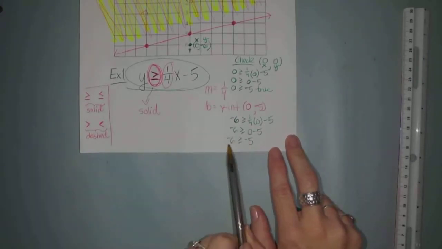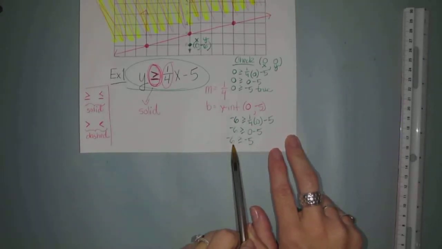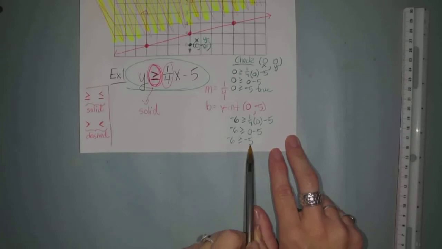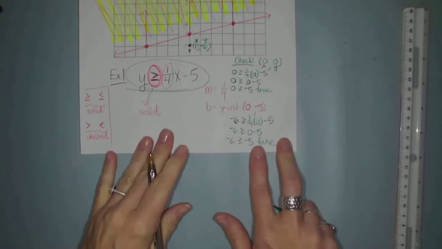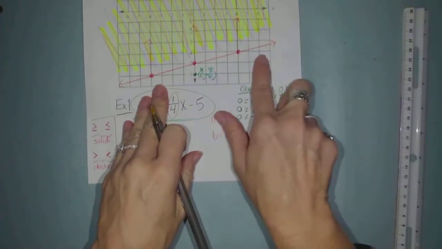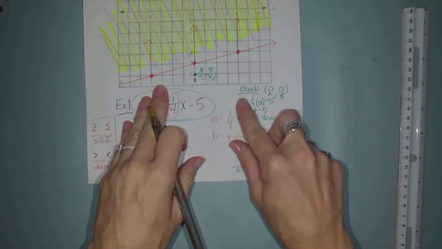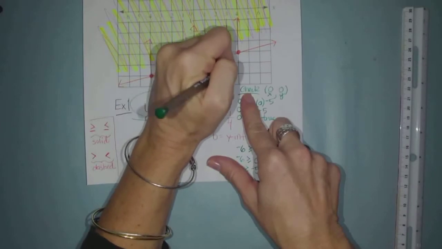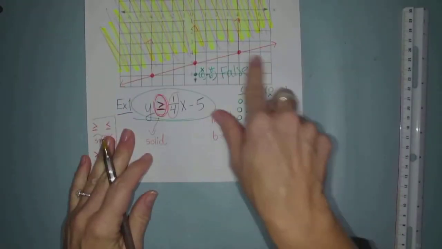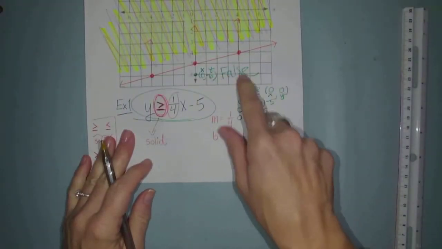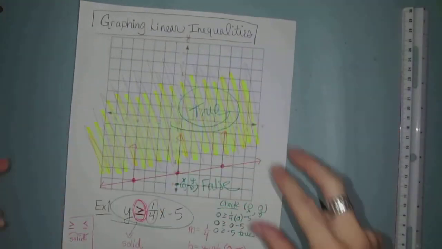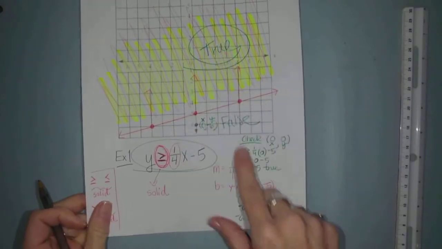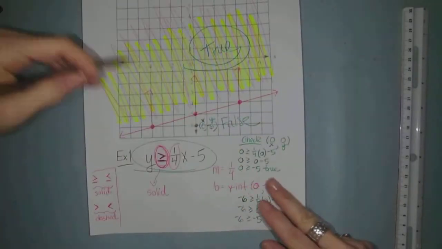True or false? Well, -6 is not greater than or equal to -5. So that's actually false, which just reiterates that I should not be colored down here. So this is going to all be false. Any point I plug in down here will give me a false statement. Here are my trues, and I want my trues to go in the shading.